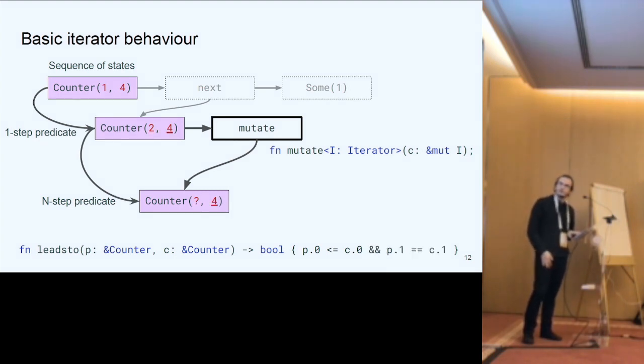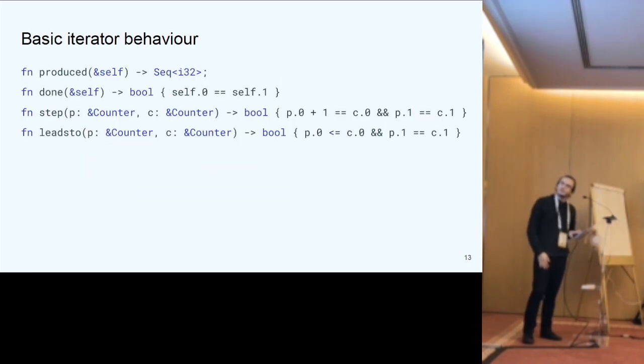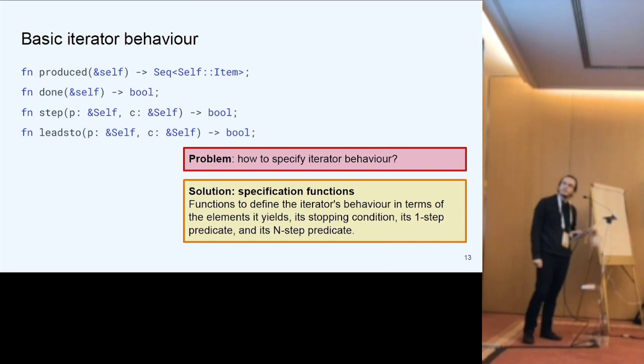And the limit itself is also not changing. So, cool. We have defined these ingredients for our basic counter iterator. More generally, they will have this kind of signature for iterators. So this was our first problem, and our solution to this was to define these 4 specification functions.